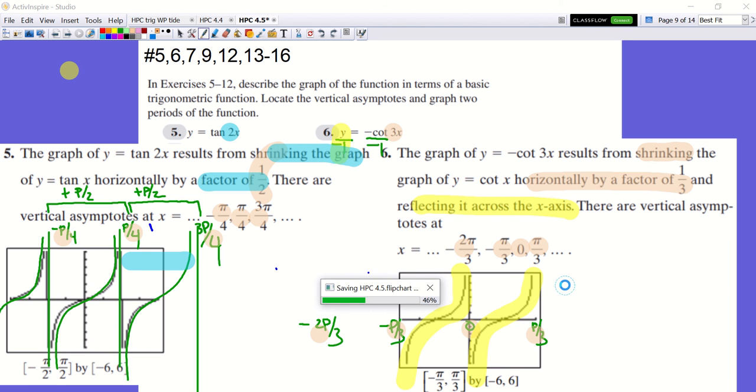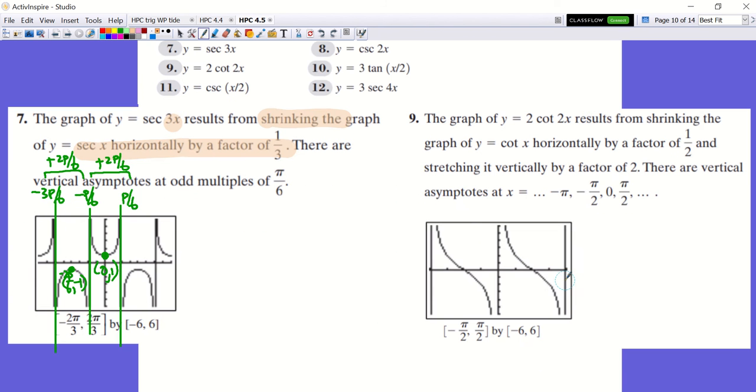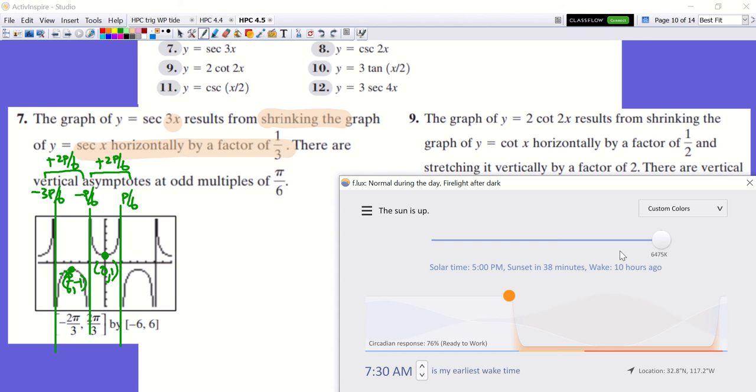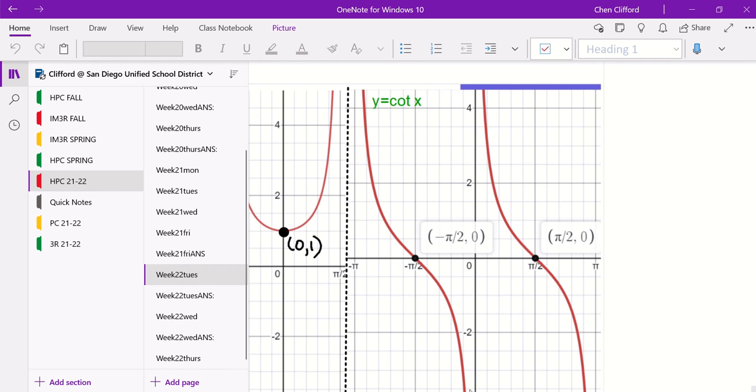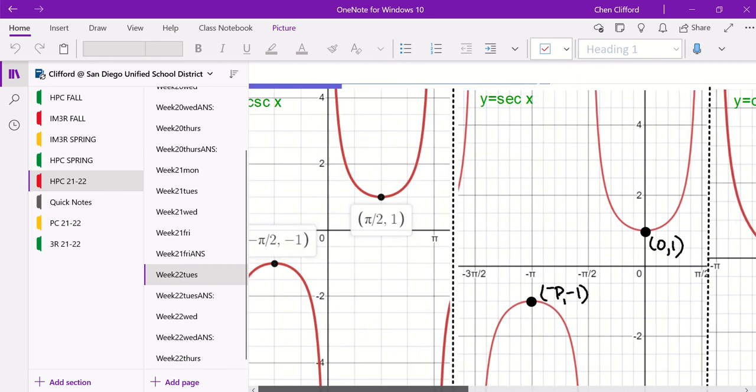Now, moving on to number 7. Number 7 is the same idea, so secant, the parent function looks like this.